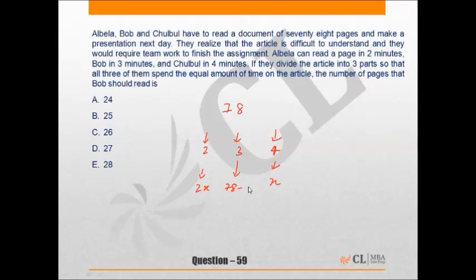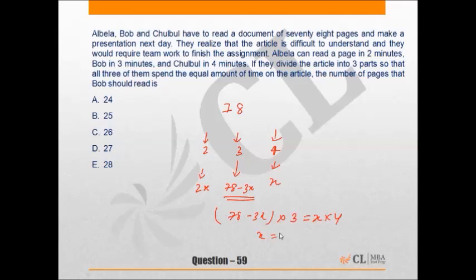It will be 78 minus thrice of x, and we know that the time taken by Bob to read 78 minus 3x pages, which is 78 minus 3x into 3, will be equal to the time taken by Chulbul to read x pages, which is x into 4.